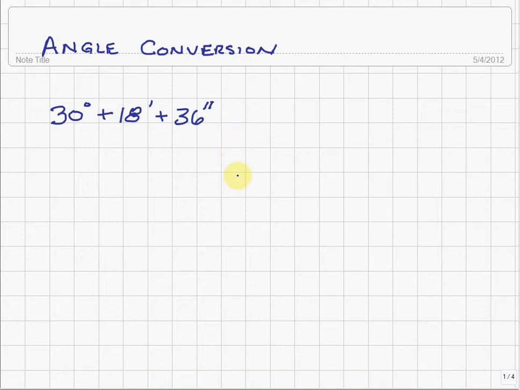First thing I want to show you is the roll-up method. And the roll-up method is going to take us through the process of converting the seconds into minutes and then the minutes into degrees. And so in this case, I have 36 seconds. I am going to multiply it times a unity factor of 1 minute per 60 seconds.